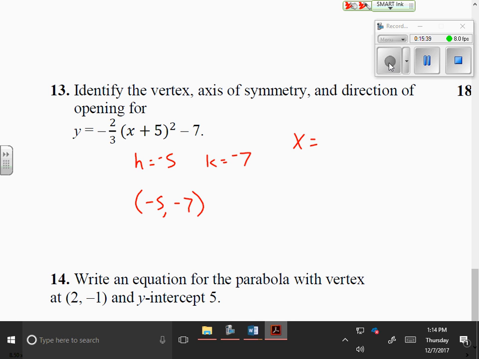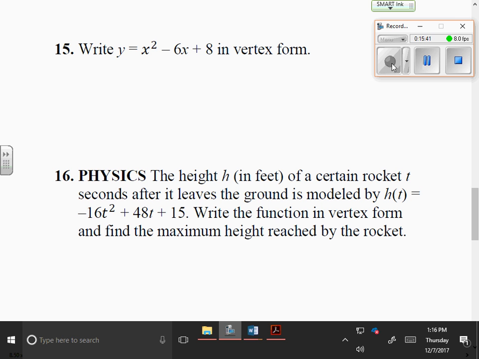Now, changing a problem from standard form to vertex form is going to look a little bit like completing the square, or solving using completing the square, and you are completing the square, but you're not solving, and so you do something a little bit different.